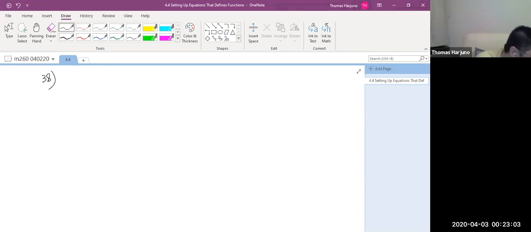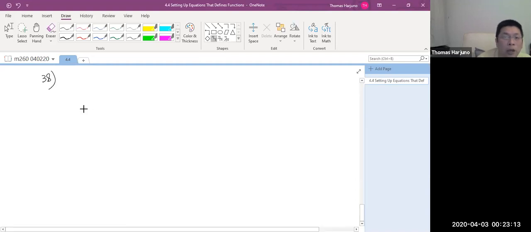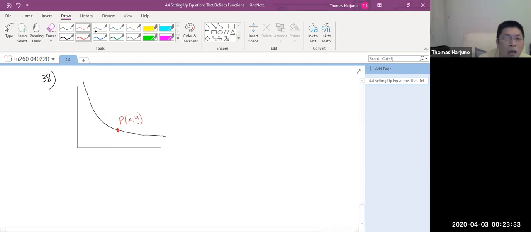A line is drawn from origin O to the point P, x, y in the first quadrant on the graph of y equals 1 over x. So suppose I have the first quadrant and let's say this is the graph of 1 over x. Now point P is on that graph, and a line is drawn from the origin to that point.